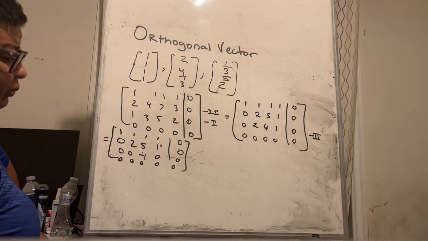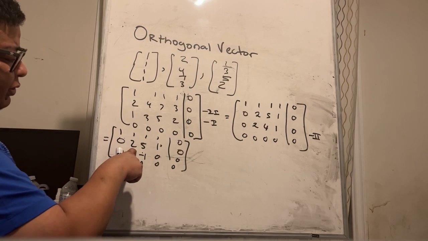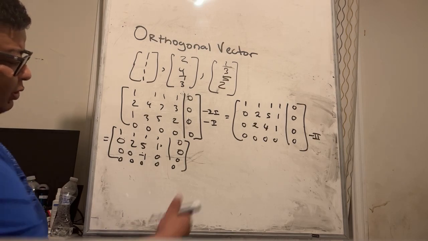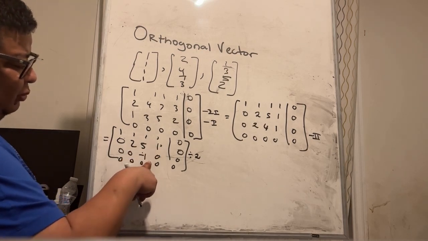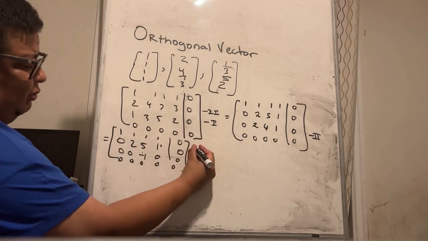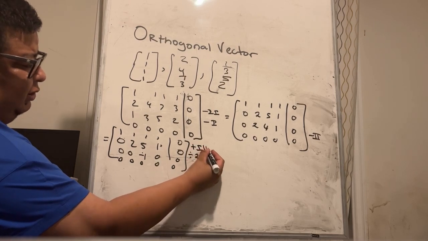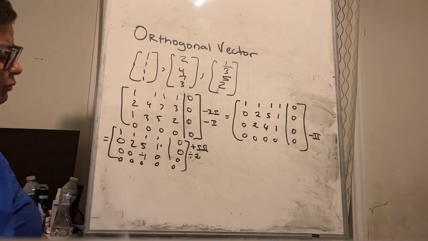Then what we're going to do is get rid of these 2. So the way we do it is like this. We're going to divide by 2, and in these 2 steps we're also going to get rid of this 1 here. So we're going to do plus I plus 3, because the third row we're going to add to the first row.